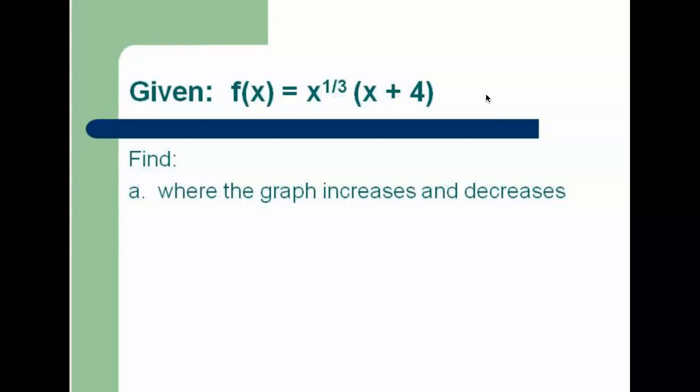Okay. f of x equals the cube root of x times the quantity x plus 4. So you have 2 choices here. We can do a product rule, or we can distribute so that I don't have to do a product rule, and I can simply take our derivative as a polynomial-ish.